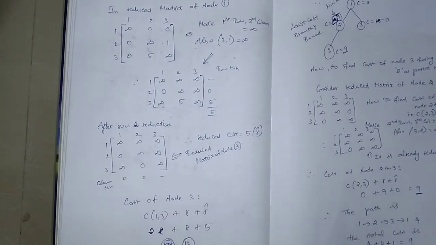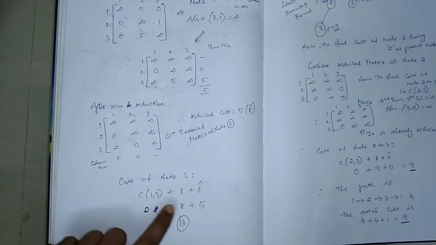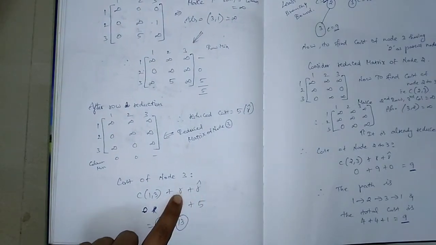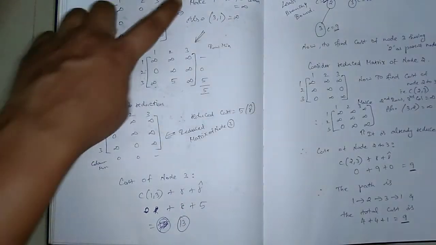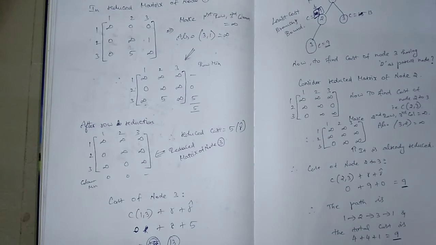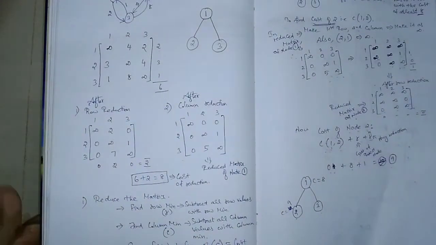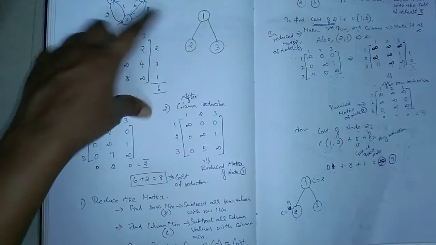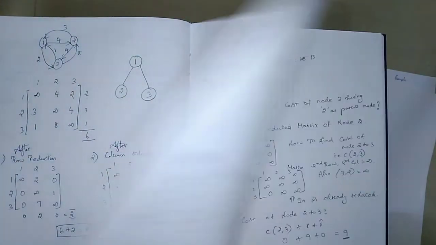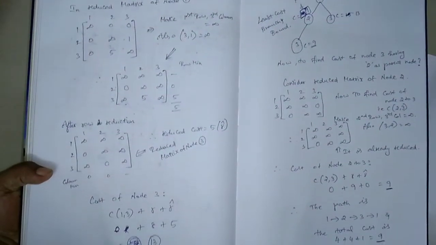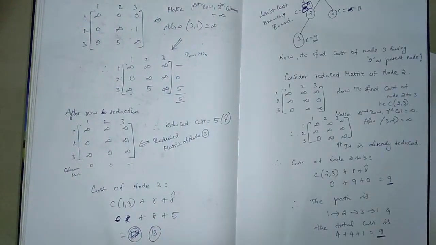Now to find the cost of node 3, I have to find C of 1 comma 3 plus R cap, where the first term is the cost of the parent node. The parent node is 1, and the cost of node 1 is 8, as we had seen here. So the cost of the parent node here is 8, and R cap is the reduction value, which is 5.